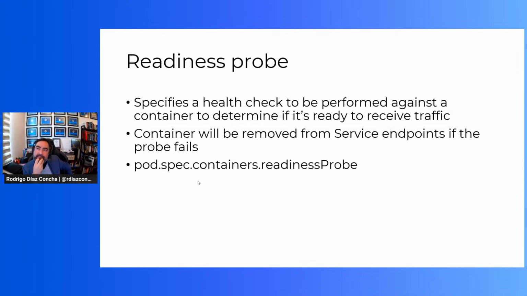Because, again, maybe in your applications you have this script that you need to run, or this calculation that you need to execute, or this query that is very, very lengthy. So maybe if you do that when you start your container, the container is not ready yet to receive traffic. That's why we can use this kind of probe to tell Kubernetes, okay, I'm alive, but I'm not ready yet. Okay, that's different.